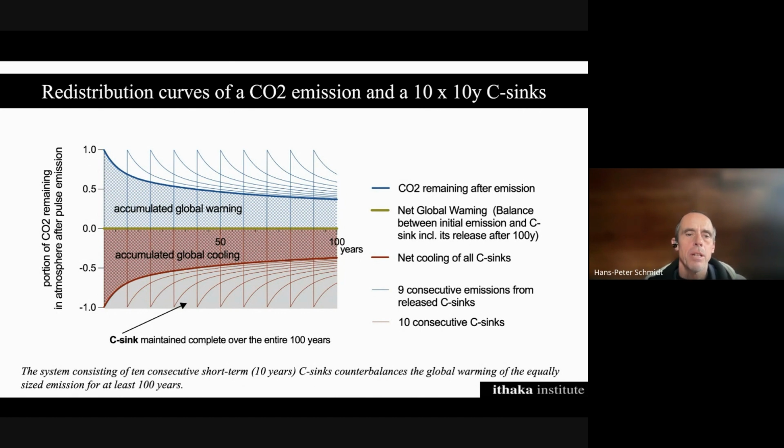And if you do this, like for this example, every 10 years for 100 years, the effect of your 10 temporary sinks would be the same as one 100-year sink. So if you renew your temporary sinks, you can have the same net effect on the climate as with longer-term carbon sinks. And that is mainly the basis of temporary carbon sinks.